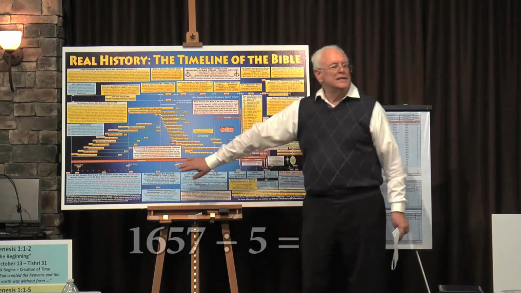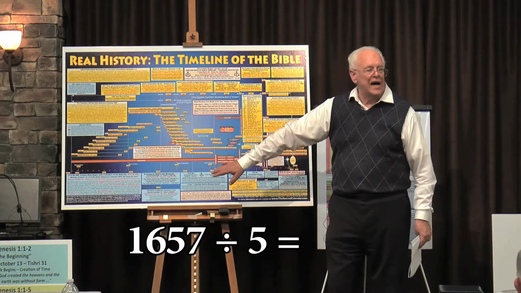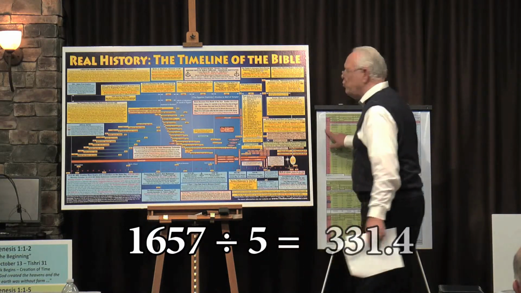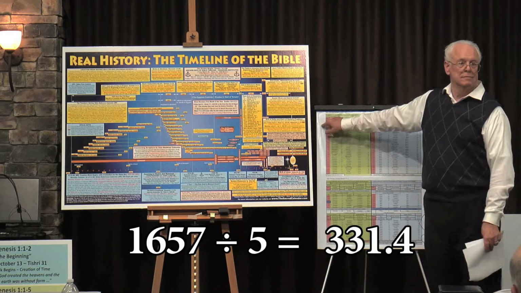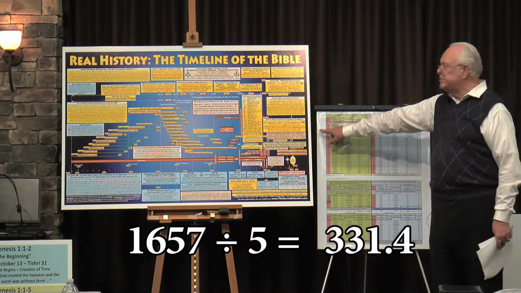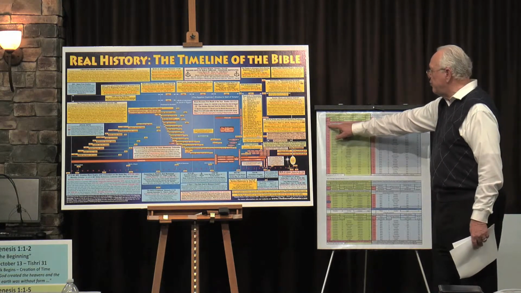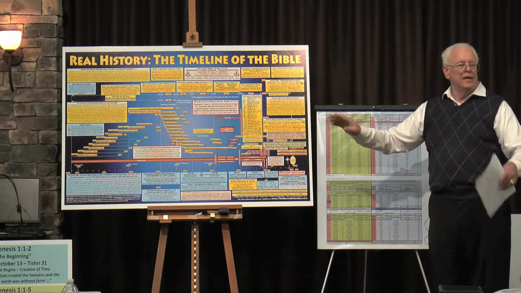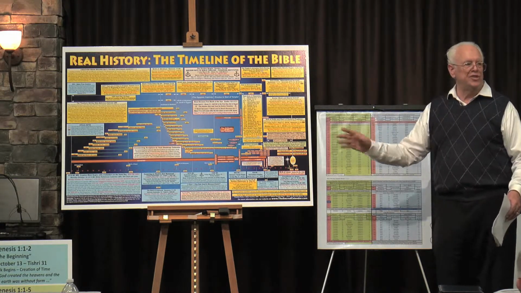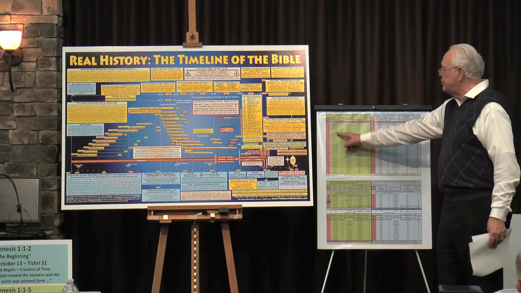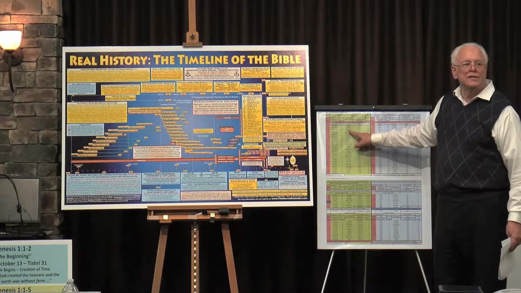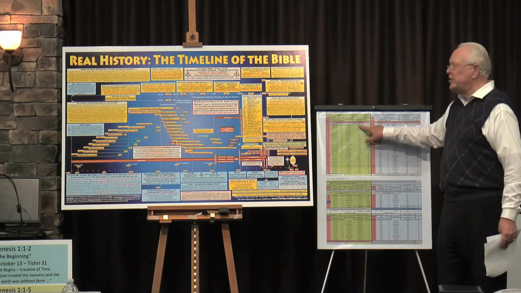If you divide 1657 by 5, you will get 331.4. So when it's less than 0.6, you take that number, 331. If it goes to, let's say, 331.6, then it's going to be Tishri 2.